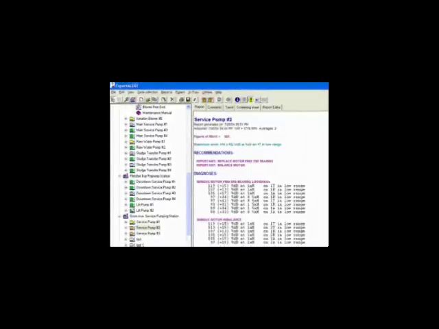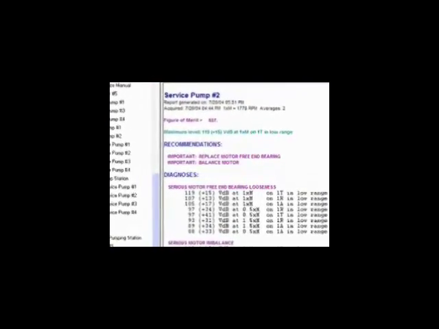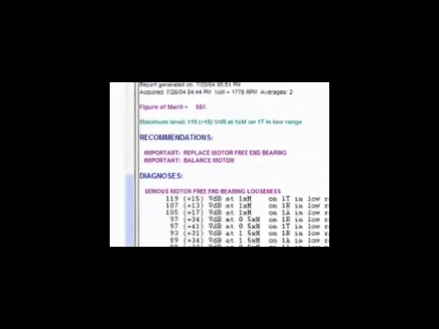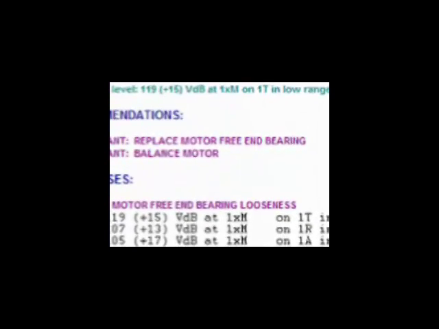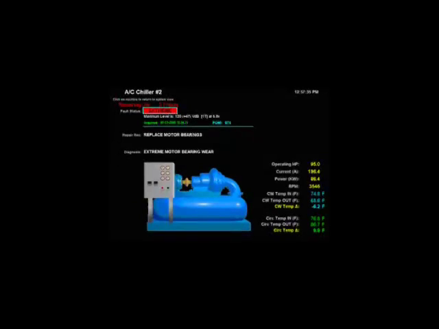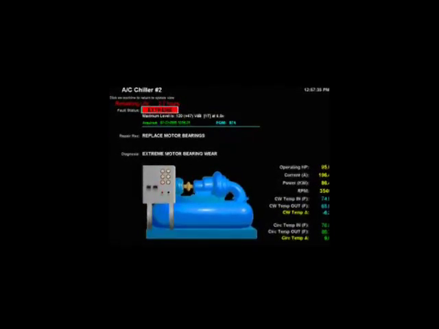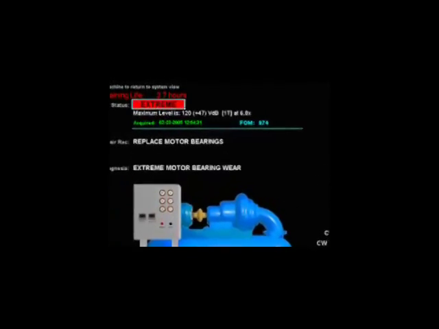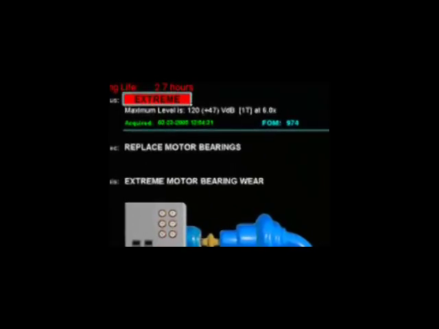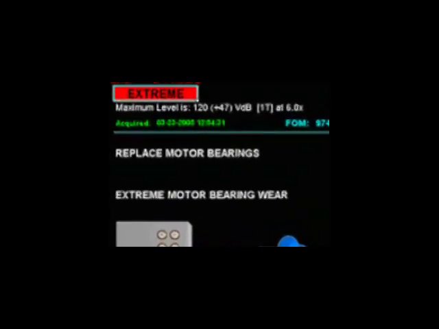DLI Engineering's Expert Alert agent uses advanced human knowledge to further refine the CBM decision process. The plant operator summary displays up-to-the-minute machinery condition assessment, including remaining life, fault diagnosis, and repair recommendation.